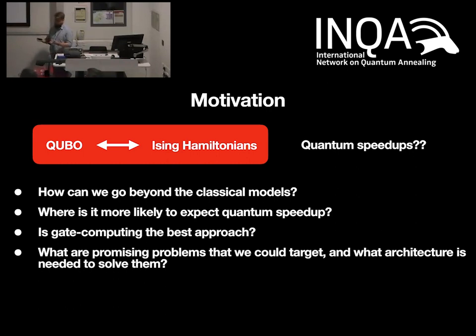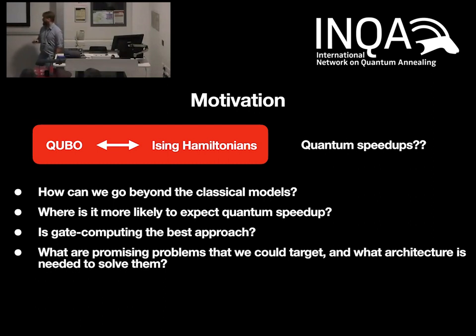So the question here is what needs to be done to arrive at something that makes it easier to observe quantum advantage. Maybe we need to relax the classicality of our problem Hamiltonian, which already brings the next level of complexity to the implementation, related to readout, evolution, and so on. So if we relax the classicality of the problem Hamiltonian, what sort of problems can we target?